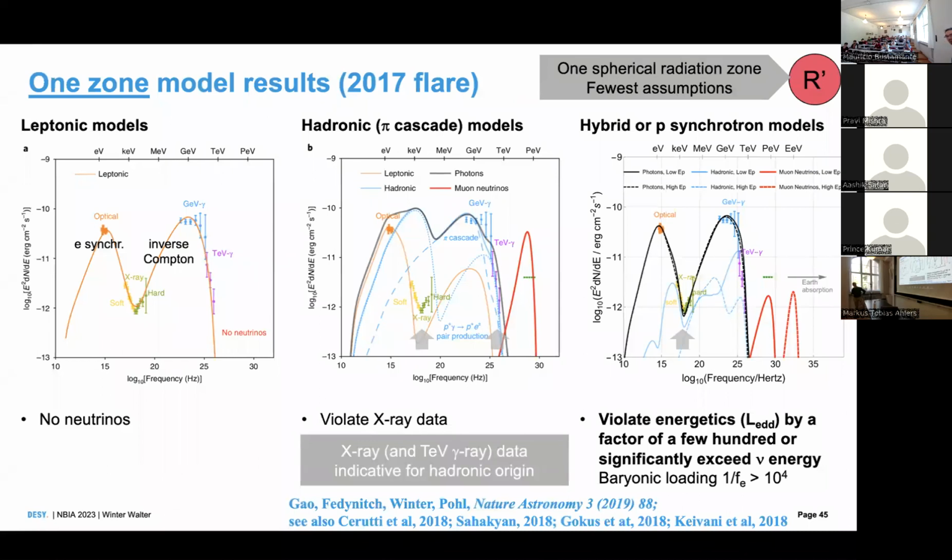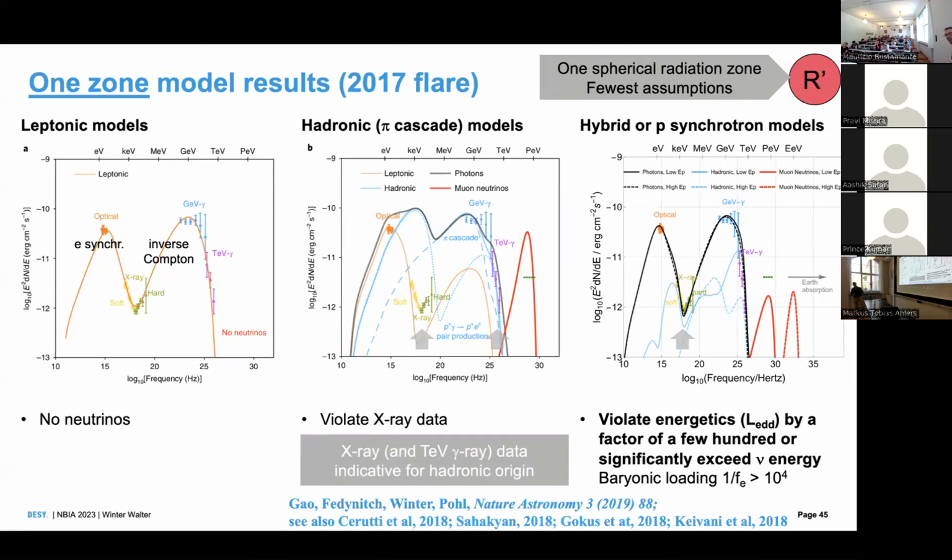So the conclusion was that for the baseline models for this TXS blazar, you would actually violate energetics a lot, like the Eddington luminosity, which I mentioned in the beginning, or you would need to translate that into a very high baryonic loading. For these standard models I checked, the baryonic loading was larger than 10^4. There are even models which have baryonic loadings higher than 10^6.